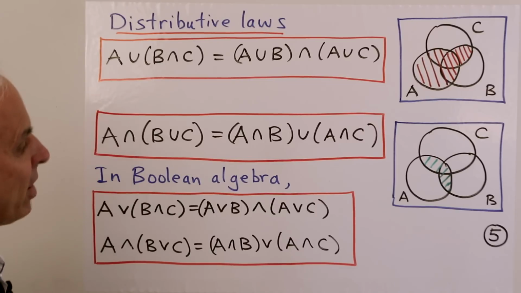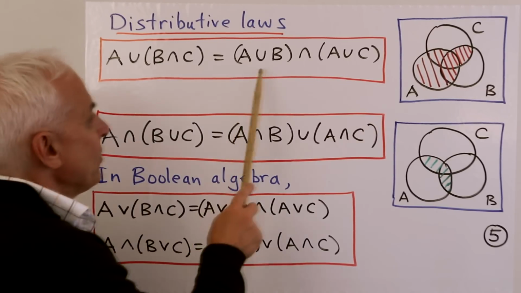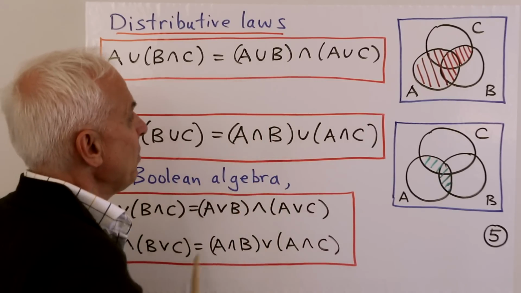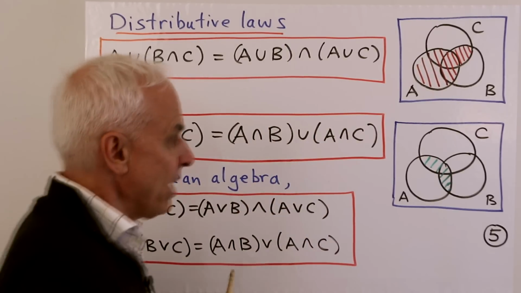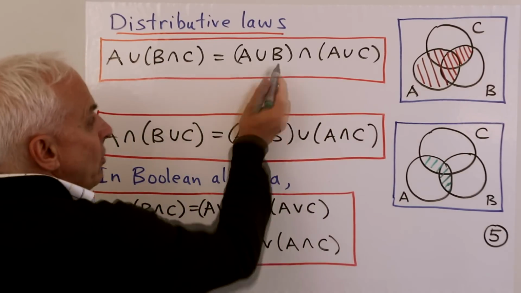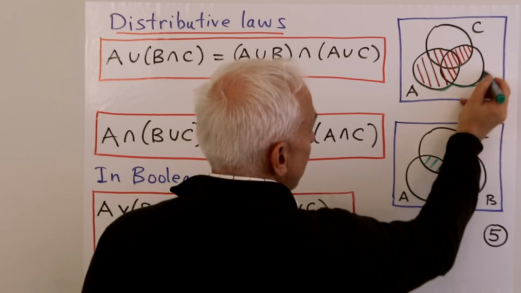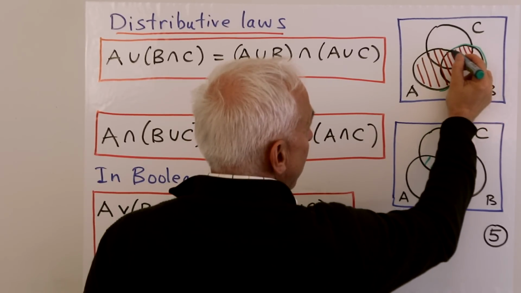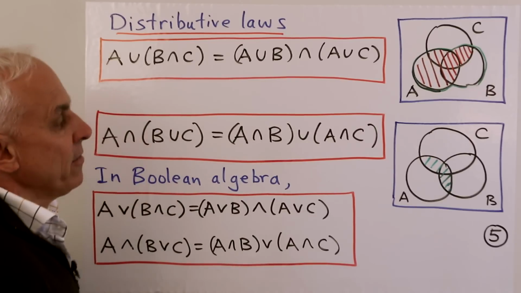Okay, and we want to convince ourselves that this is the same as the intersection of A union B and A union C. So let's see if we can imagine that. I might do it on the same diagram. So A union B, what would that look like? A union B would be everything that's inside there.